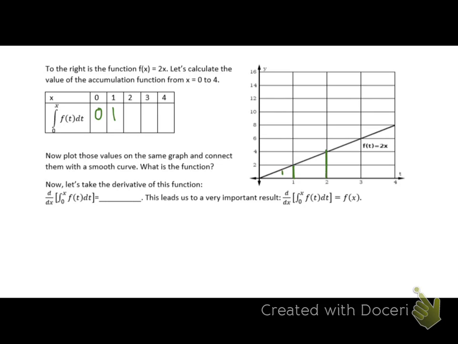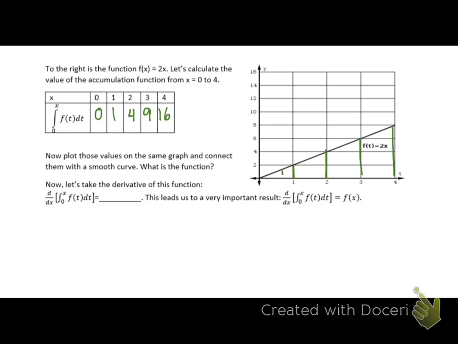From 0 to 2, that's this whole area, so 2 times 4 divided by 2, so that's 8 divided by 2, which is 4. 0 to 3 is 3 times 6, 18 over 2, which is 9. Interesting. Is this a pattern of some kind? 0 to 4 is 4 times 8 divided by 2, which is 16.